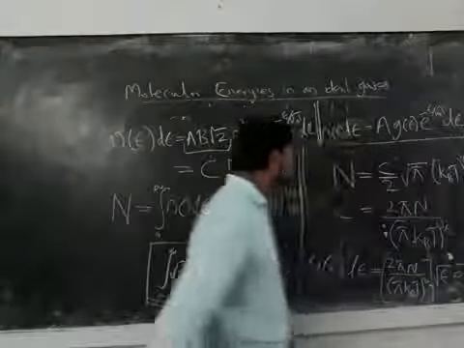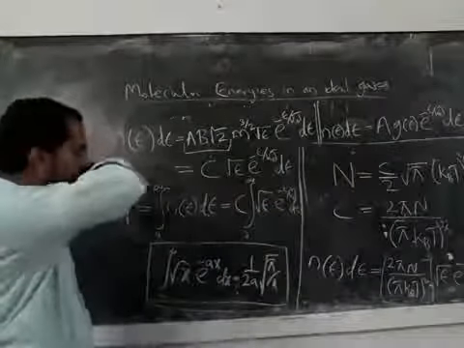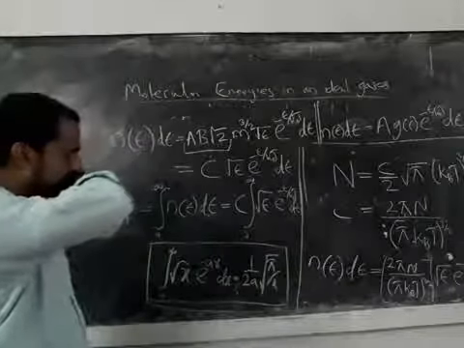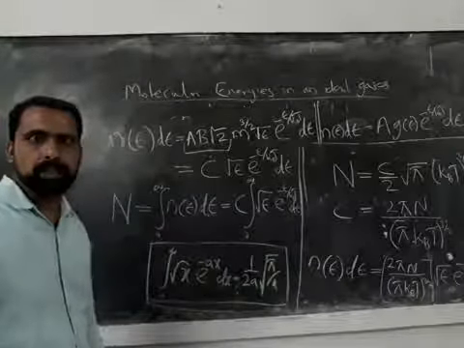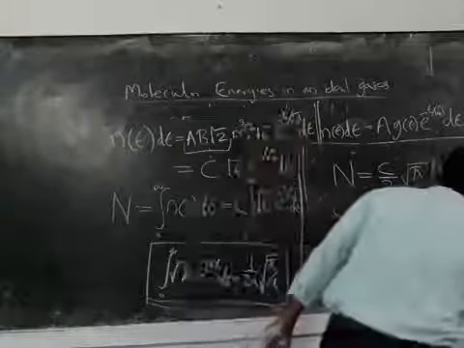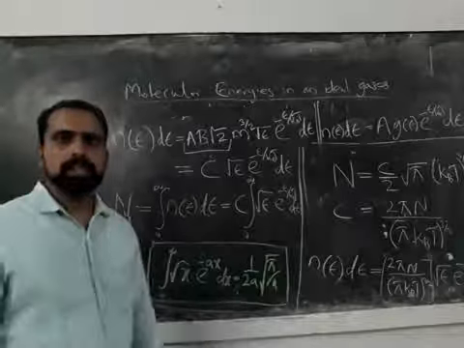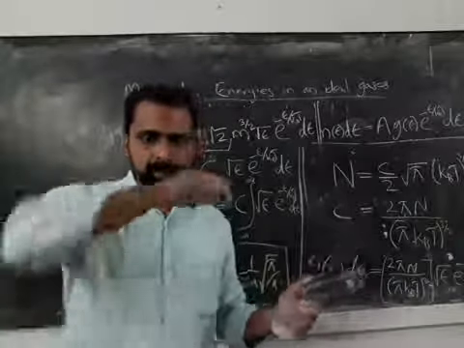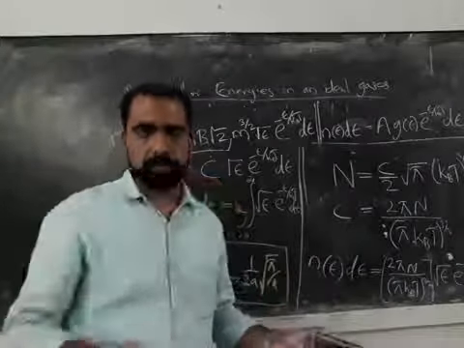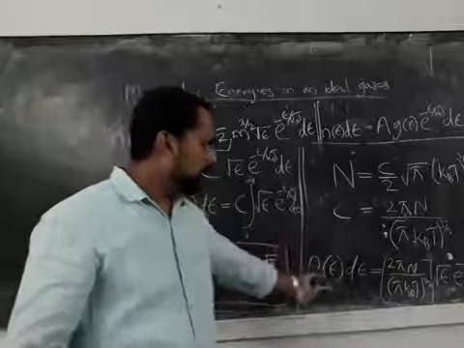Not dx, because we have to keep d epsilon. So this is the distribution of particles, the number of particles having energy d epsilon.